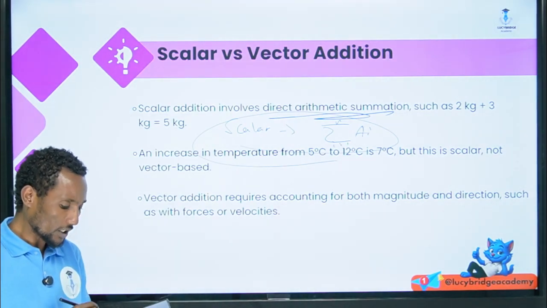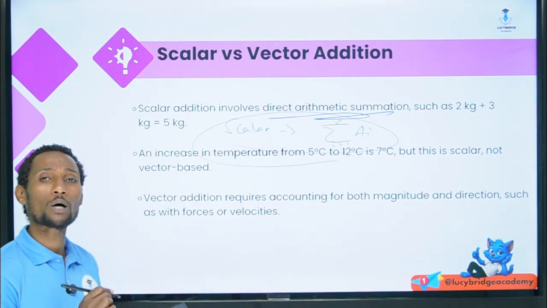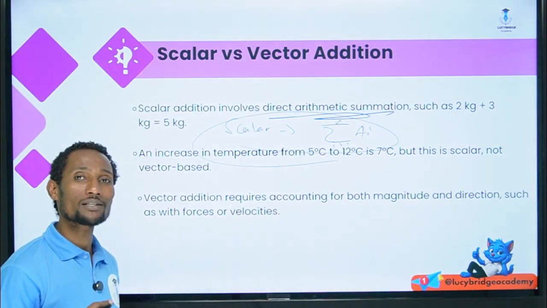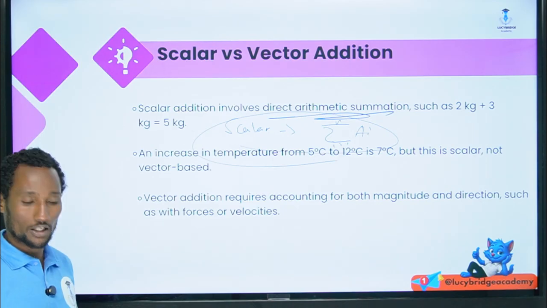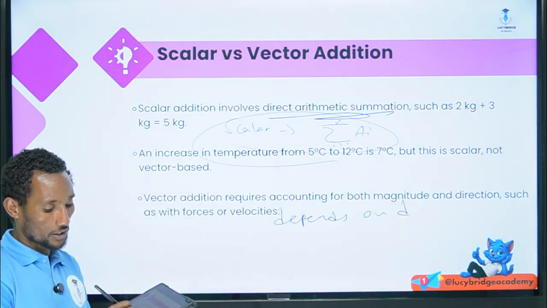Whereas vector addition doesn't use the arithmetic sum, because it needs the dependence on direction.